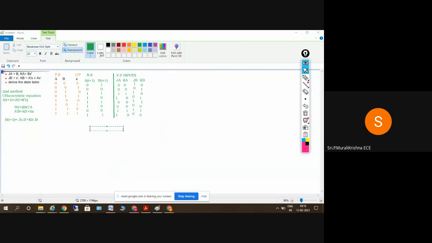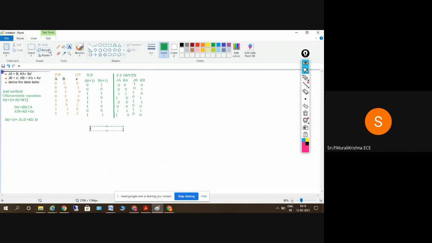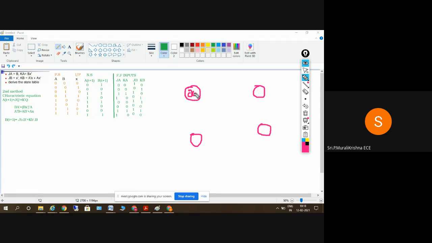Okay, so the diagram will be like this. 4 states. We store all the possible 4 states here: 0 0, 0 1, 1 0, 1 1.